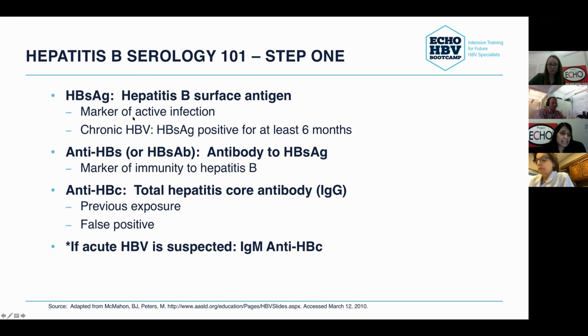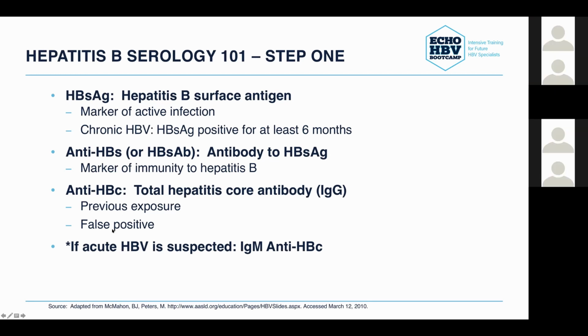If anybody has this marker and it comes back as reactive or positive, that means they have infection with hepatitis B. The other 2 screening tests we obtain include the hepatitis B surface antibody, which is typically a marker for immunity to hepatitis B, and also the hepatitis B core antibody. This is typically a total IgG antibody, and it is simply a marker for prior exposure.